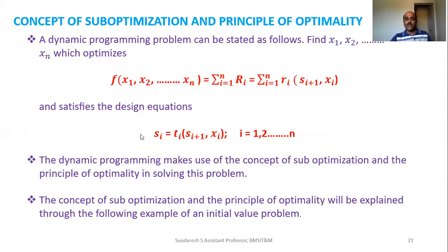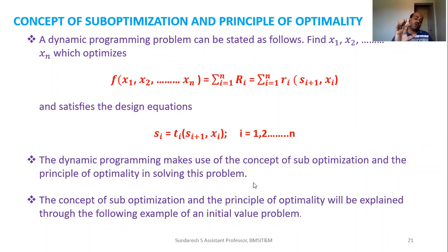Always when you look at any dynamic programming problem, the format of the model will be in this way. Now the dynamic programming makes use of the concept of sub-optimization and the principle of optimality in solving this problem.